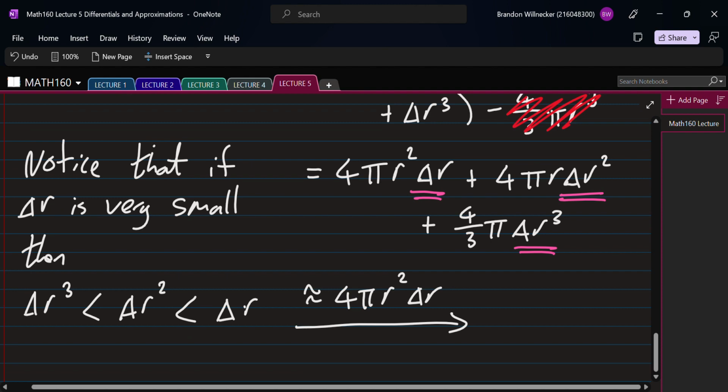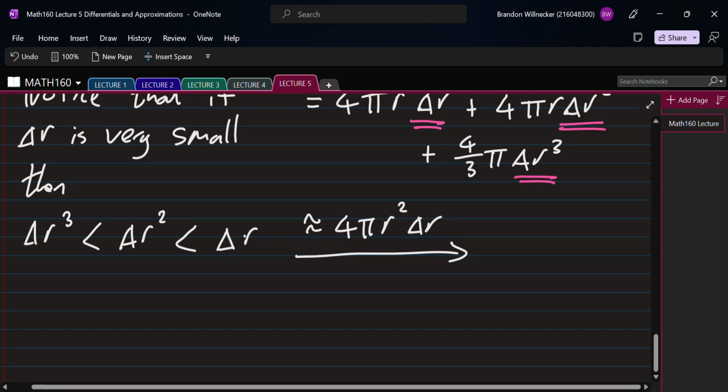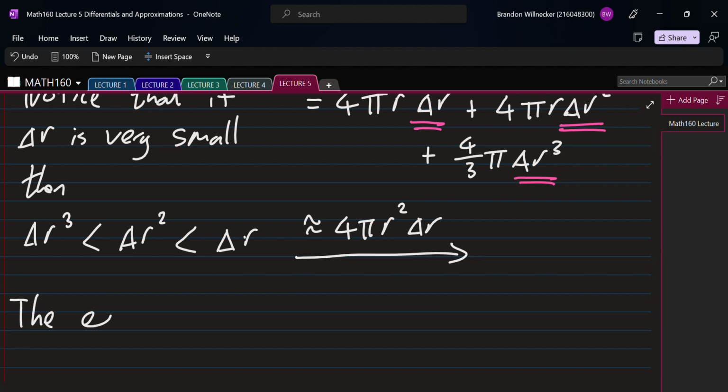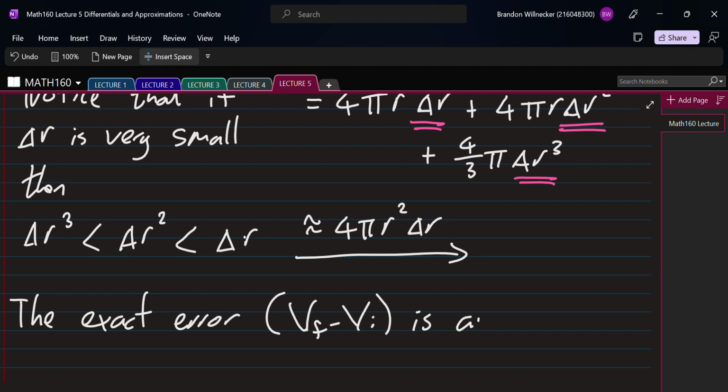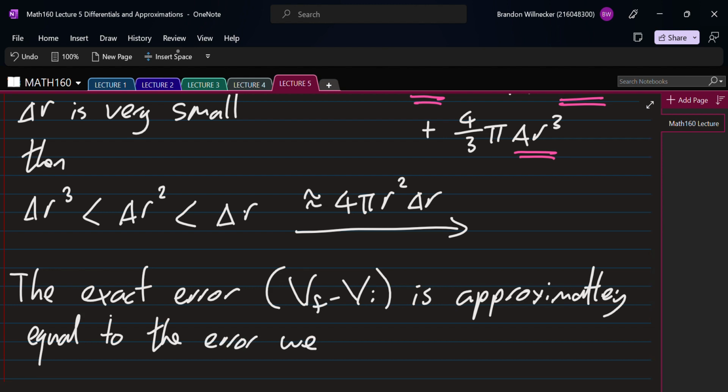So if we ignore those higher order terms, the exact error, the one with VF minus VI, is approximately equal to the error we get using differentials.